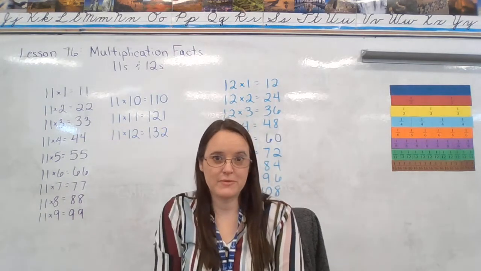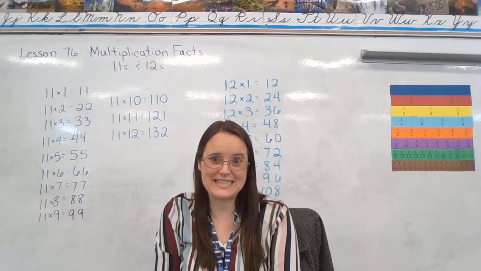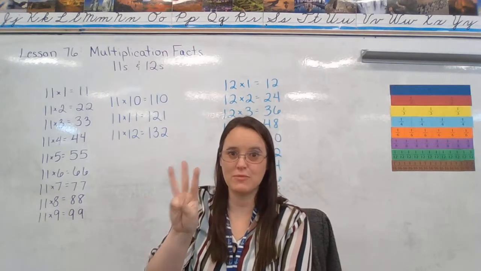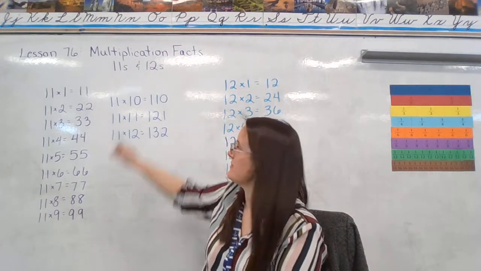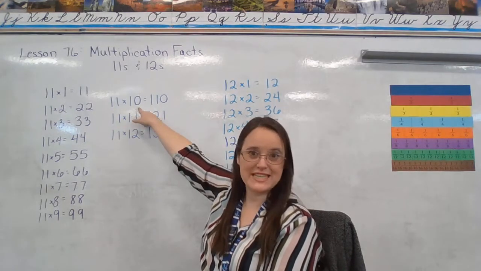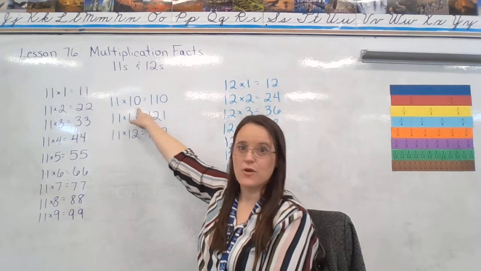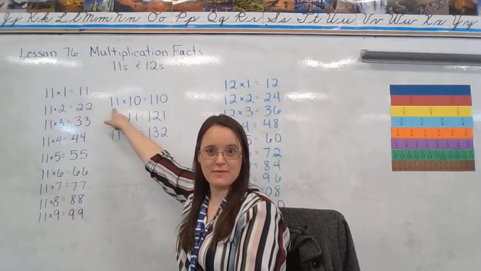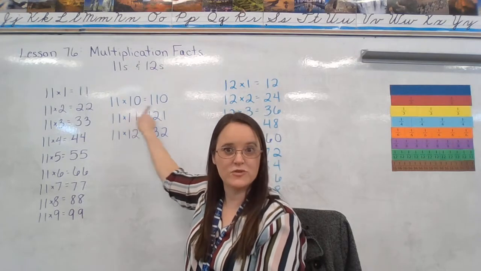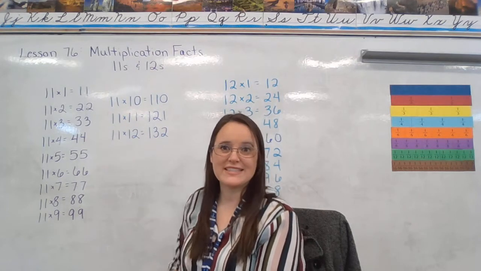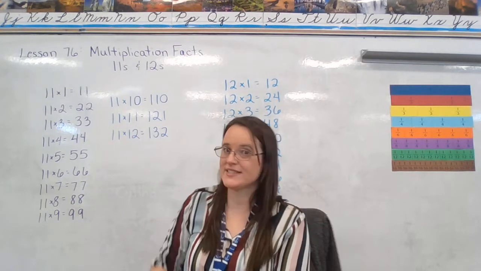So if you can remember that pattern, then multiplying times 11 is super easy because there's only 3 problems that you're going to have to memorize. And 11 times 10, we already know a trick for. We know our tens trick, which is where we take this number and tack a 0 onto the end. So this one you know a trick for as well, bringing us down to really only 2 problems that we need to memorize.